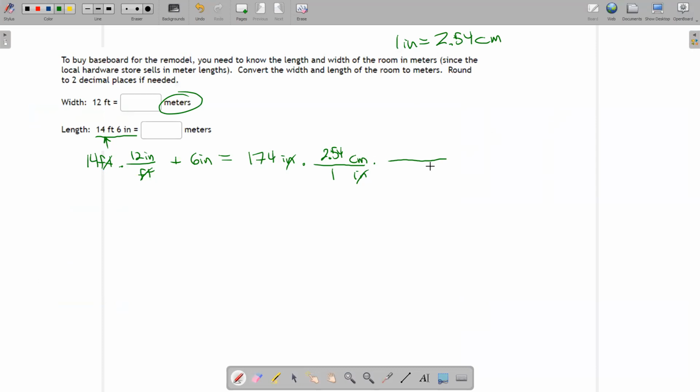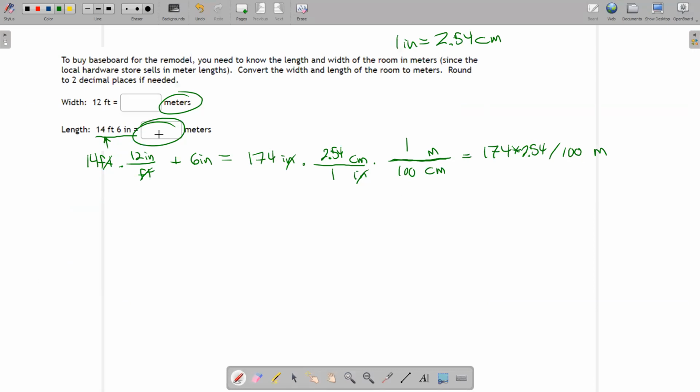So centimeters is in the top here, so it has to switch to the bottom. Meters, so the 100 is a division because it's in the bottom. So on my calculator, I want to know what is 174 times 2.54 divided by 100, and that's going to give me an answer in meters for that number right there.